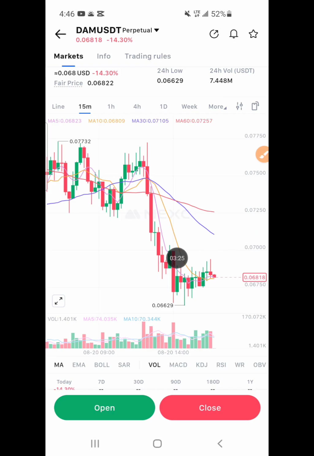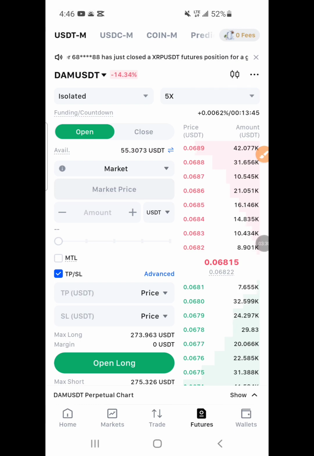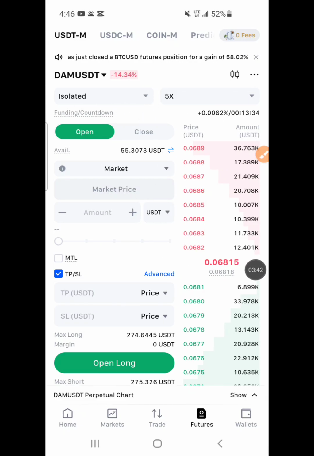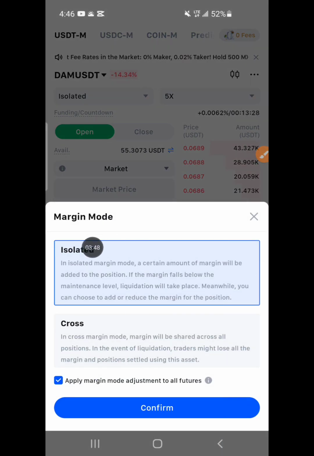So the next thing you have to do now is to click on open. If you click on open right now, these are some very important basic things you have to know about. You see this place that is isolated, make sure you are always going to keep it as isolated. Otherwise, if you go and choose cross margin instead of isolated margin, it simply means that whenever you get liquidated on a trade, that is whenever the trade goes against your prediction, it is going to tamper with your reserve or your balance.